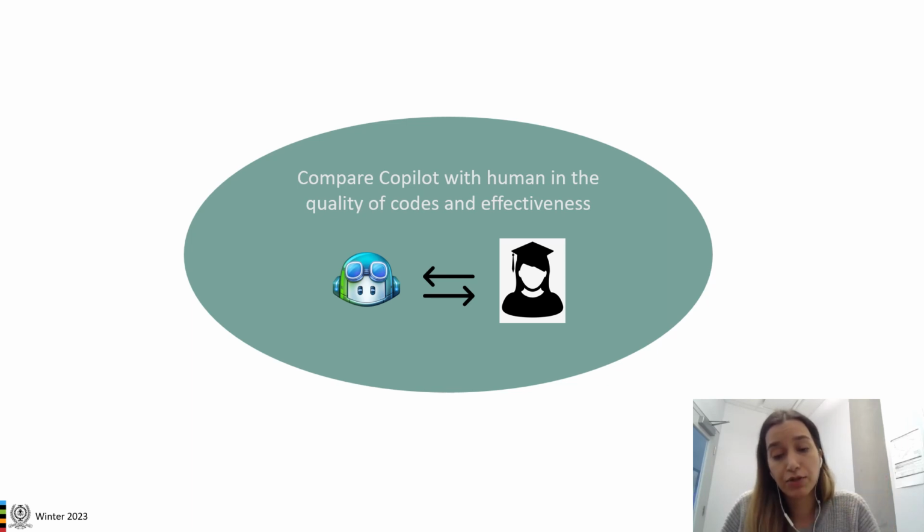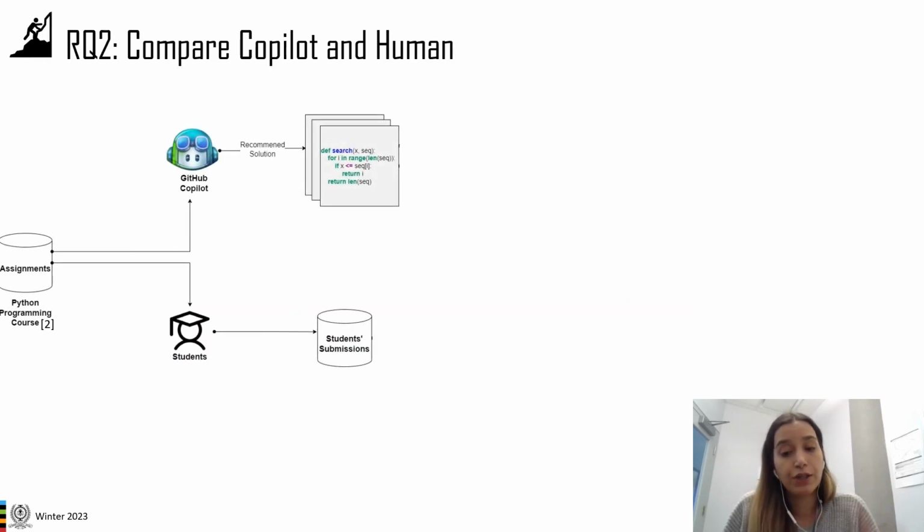For the second part of the study, which is comparing Copilot with human solutions in quality and effectiveness, we use a dataset of a Python programming course. The dataset luckily has the student submissions for the assignments of the course.